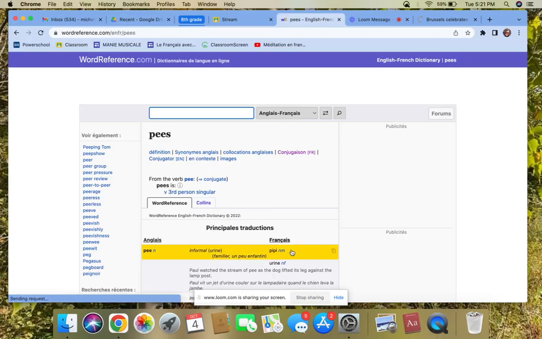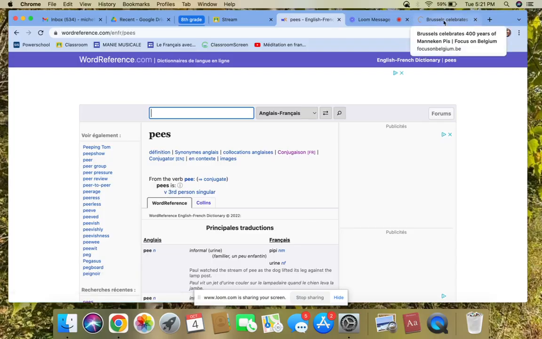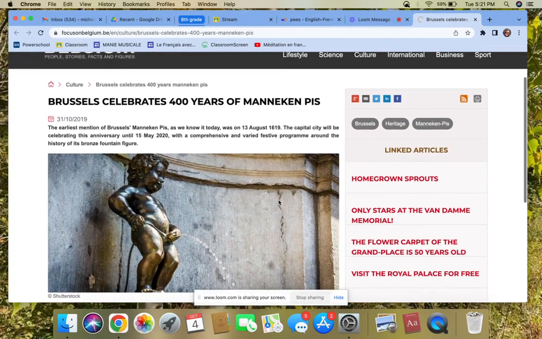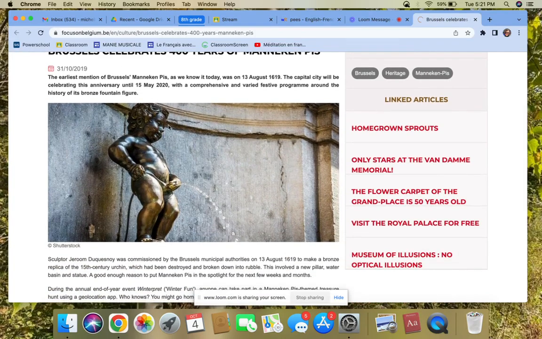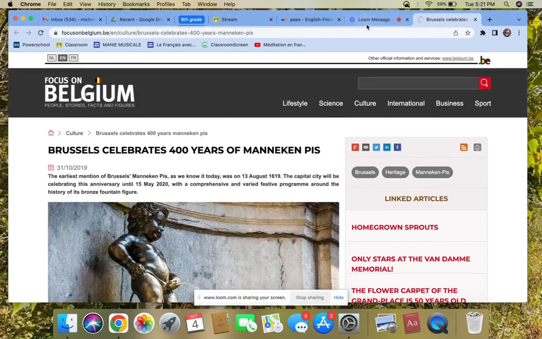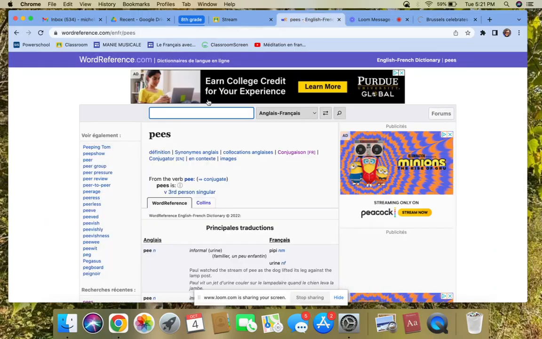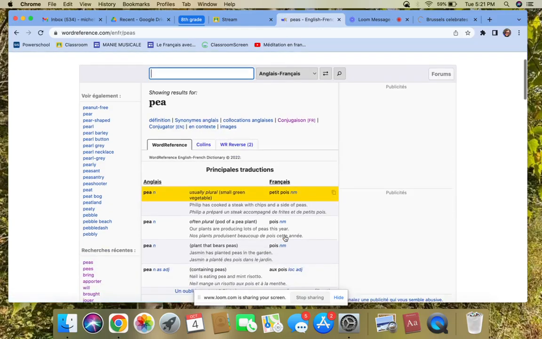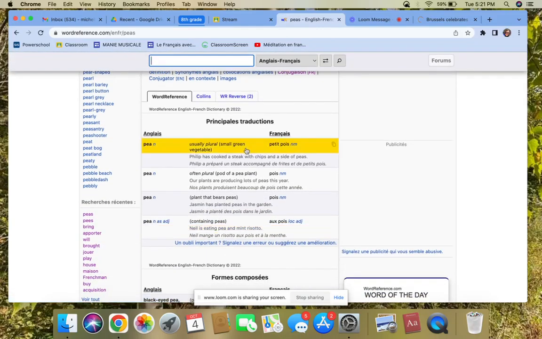That's like going pee-pee. And you might think about this famous statue in Belgium called Le Mannequin Pis, which is a little boy peeing. So baby peas versus baby pees. So if I go back to WordReference and go, oh, wait a minute, I spelled that wrong. Peas. Oh, petit pois. Yeah, that's the word for the vegetable.